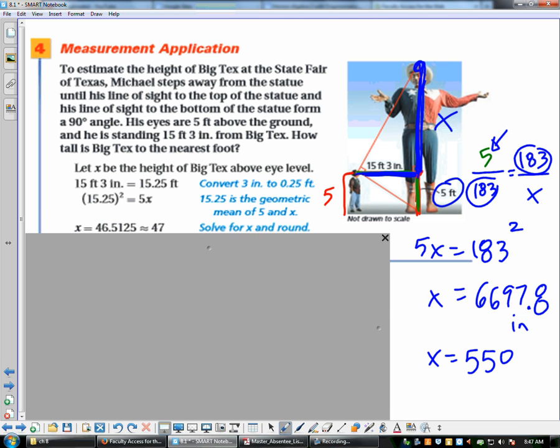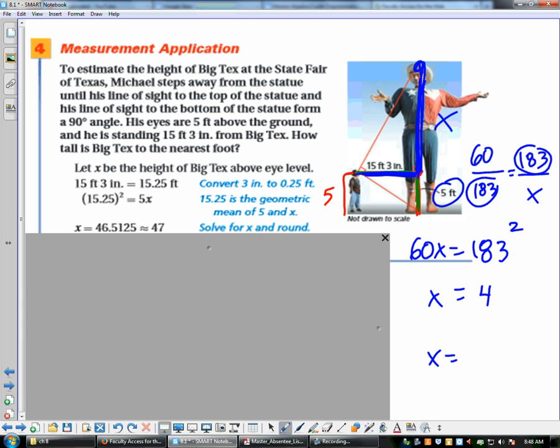Oh, so that's 60. All right, let's make that 60. Try this again. So this is 60, so this should be 60x. What's 183 squared? And then divide by 60. What do you get?